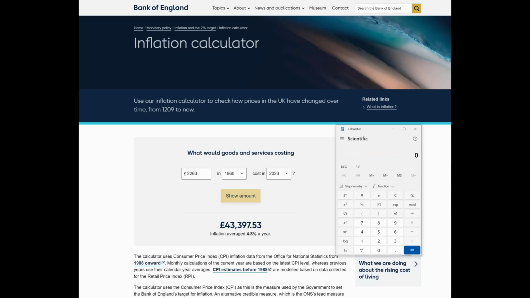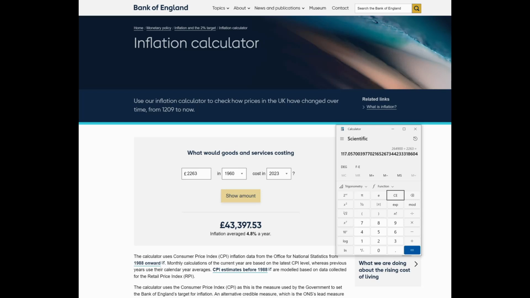And we start off, so we go 264,900, which is the average home in 2023, and we divide that by what the average home cost in 1960. Okie doke, so I've got 117.